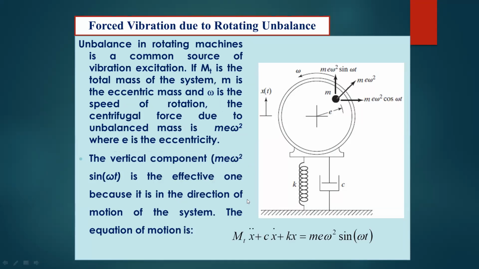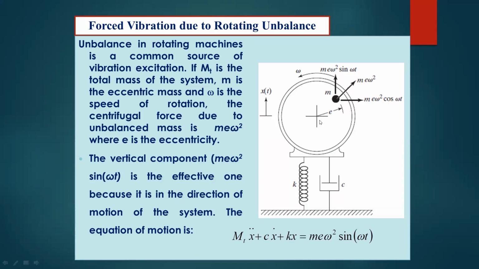So let's consider some rotating unbalance. One of the cases for mechanical vibration of a system is an eccentric mass, which is situated somewhere at some eccentric distance from the center of rotation. Look, you can consider a clothes washing machine.